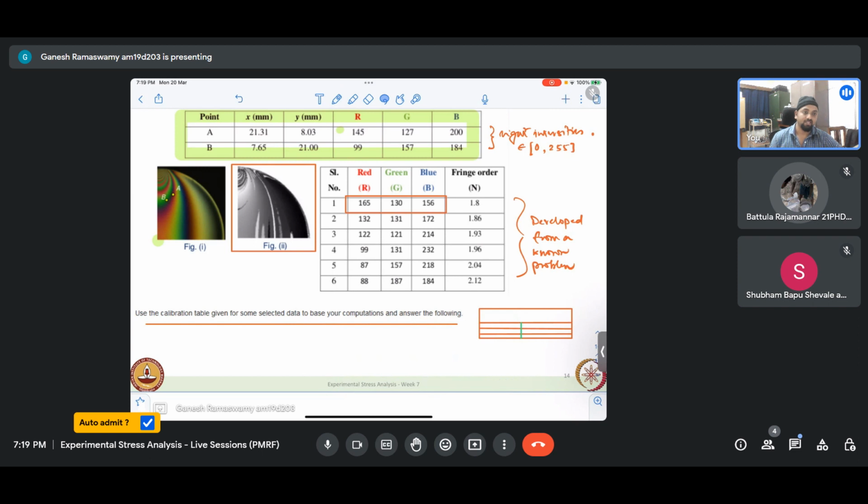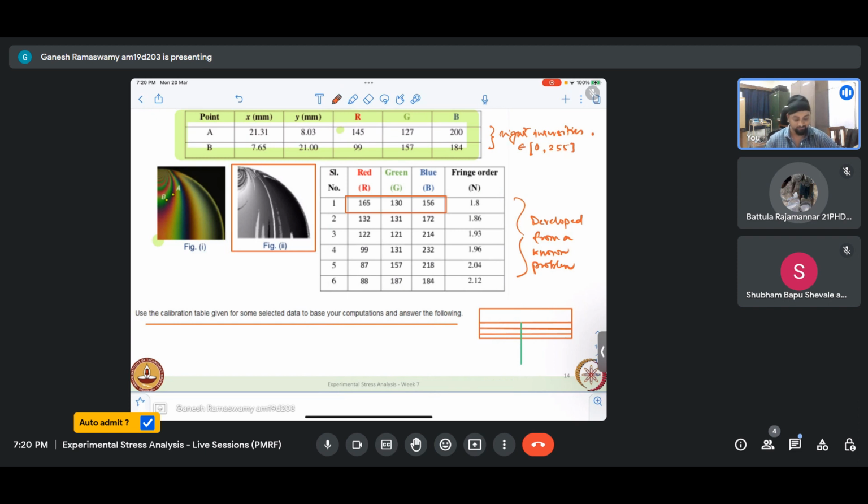Now we will take this line and see at fringe order 0 what is the RGB combination, and at fringe order 1 what is the RGB combination. This table is nothing but an extracted version of that, where we are seeing from fringe order 1.8 to fringe order 2.12 how the red, green and blue intensities varied. So I hope how the calibration table was developed is clear.